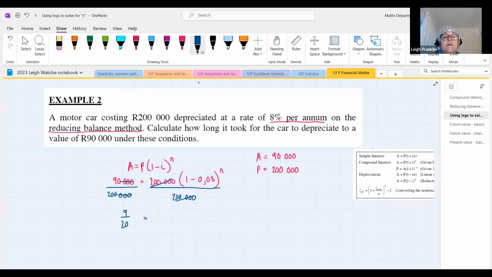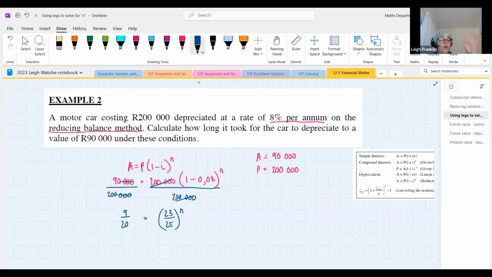It doesn't matter. On the right-hand side, our brackets, 1 minus 0.08. That means the value of our bracket, again, is a bit of a weird number. It's 23/25. Now, again, if you want to write that as a decimal, you are more than welcome. If you write it as a normal fraction like I've done, that's also fine.